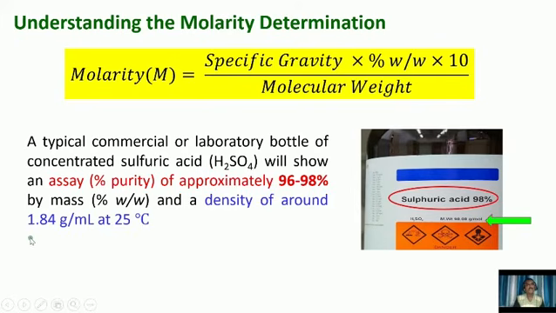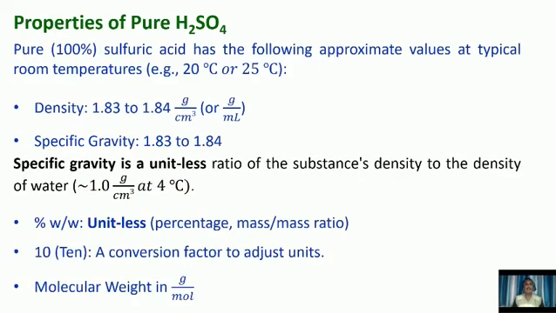So density is 1.84 gram per ml at 25 degrees Celsius. My friends, this density may vary. How it can vary, we will see. For instance, I have taken 20 degrees Celsius and 25 degrees Celsius. So for 100% pure sulfuric acid, the density ranges from 1.83 to 1.84 gram per ml.